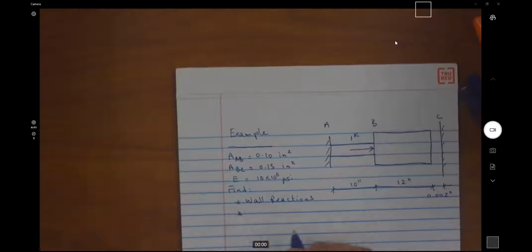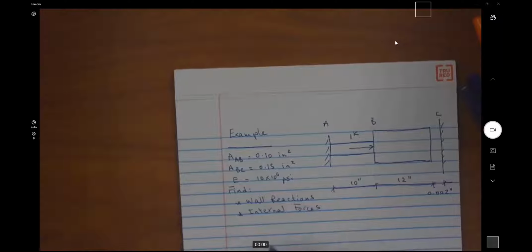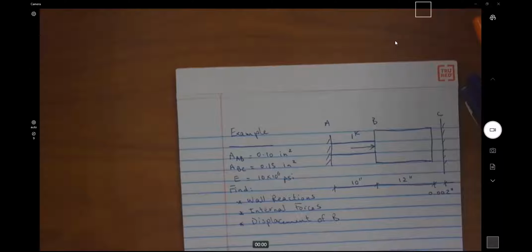We also want to find the internal forces, and we want to find the displacement of B. So first, let's make sure we understand the problem. This is always a very important step to understand what's going on.